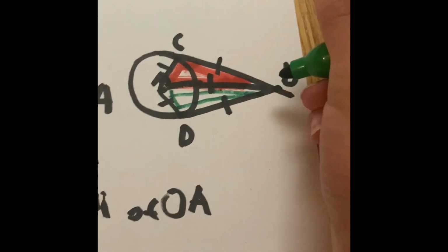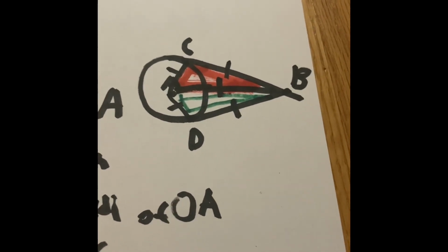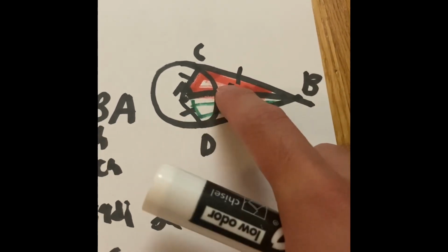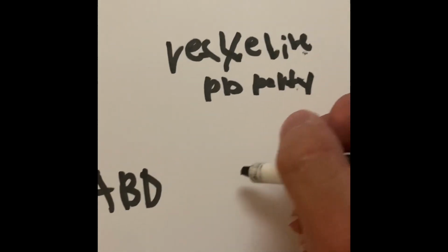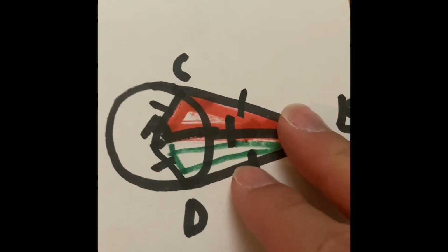We can say those two triangles are congruent because we have side, side, side. So we can literally say it is by side-side-side. These two triangles are congruent to each other because we have segment, segment, segment.